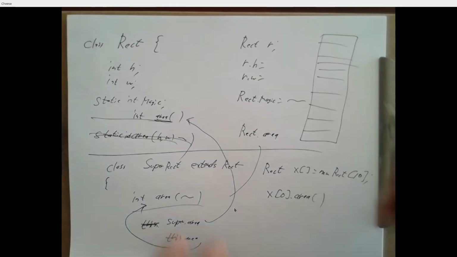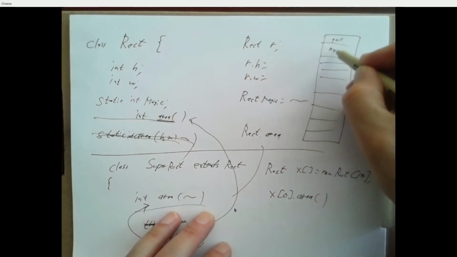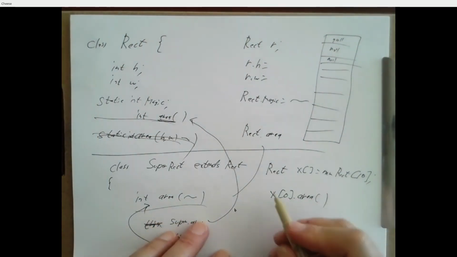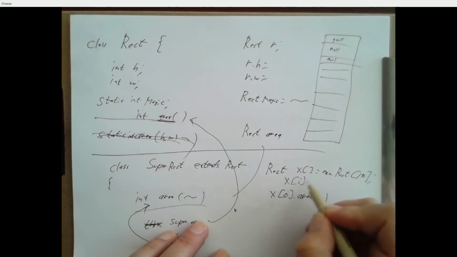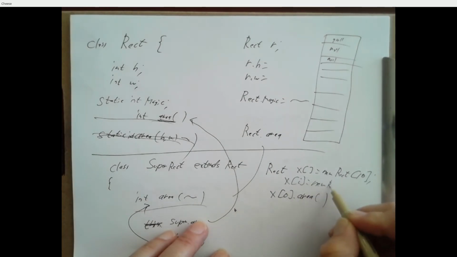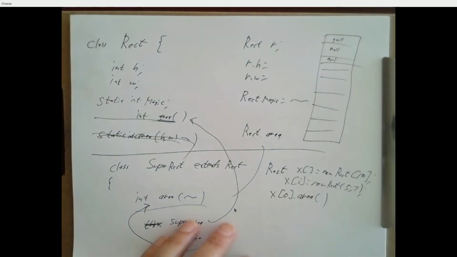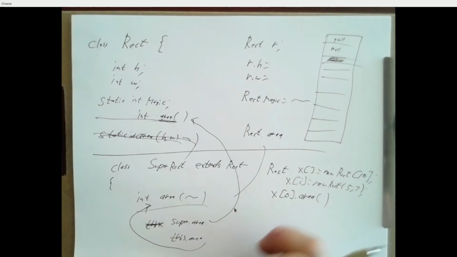But right now, these are null, right? So when you say X bracket I equals new rect, that actually constructs a rectangle and puts it into that spot in the container.